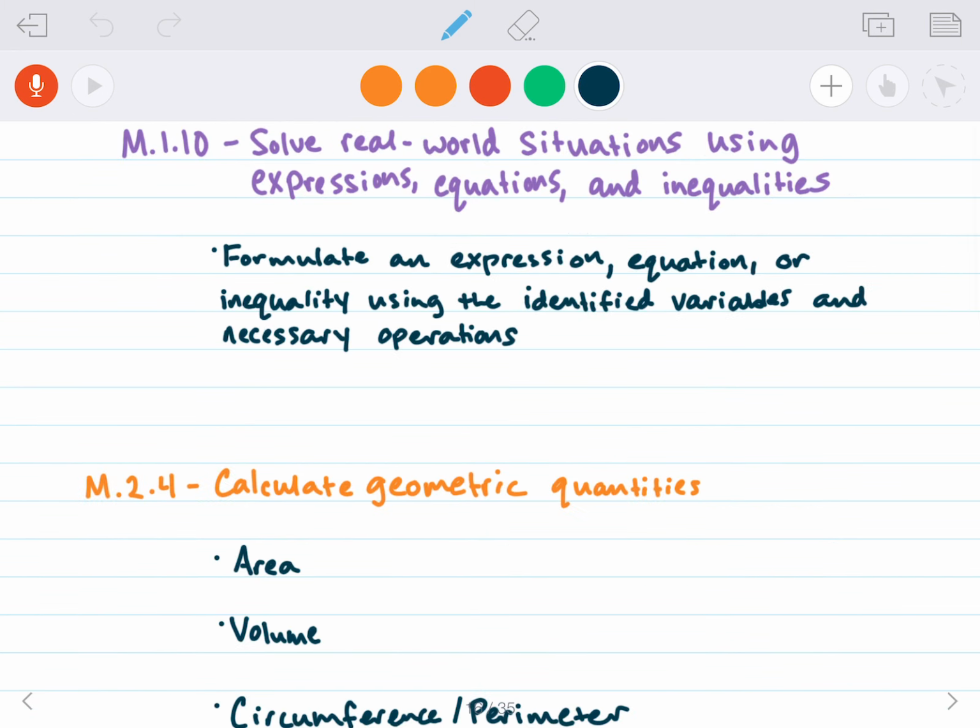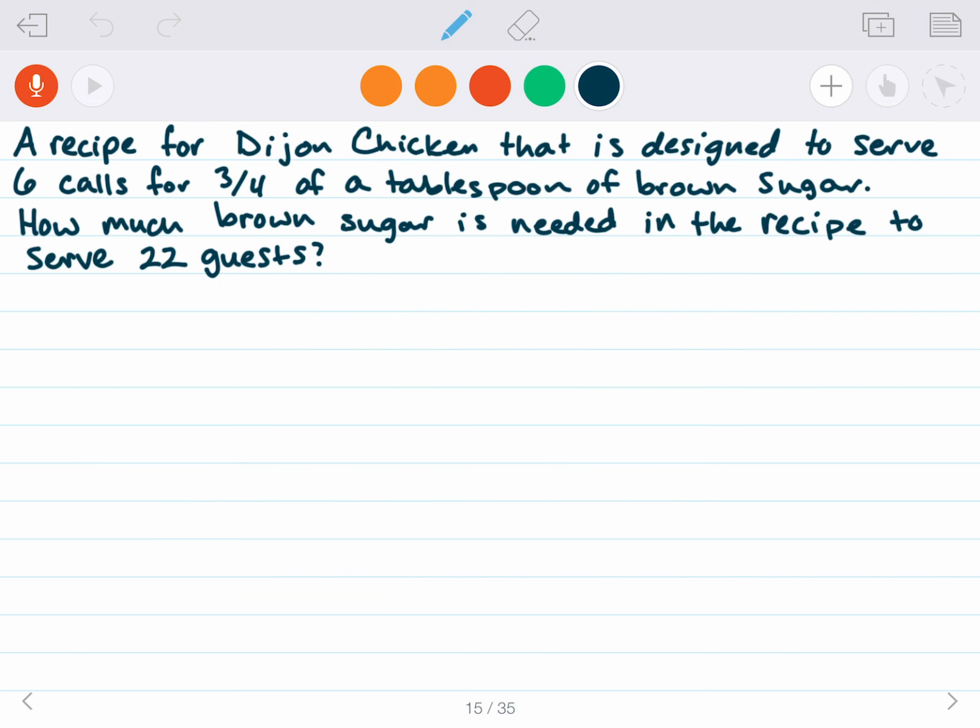Okay. Let's see where we're at. Okay. A recipe for Dijon chicken that is designed to serve 6 calls for 3/4 of a tablespoon of brown sugar. How much brown sugar is needed to serve 22 guests? All right, so we can set up some proportion here. So the units, we have tablespoons of brown sugar to people.